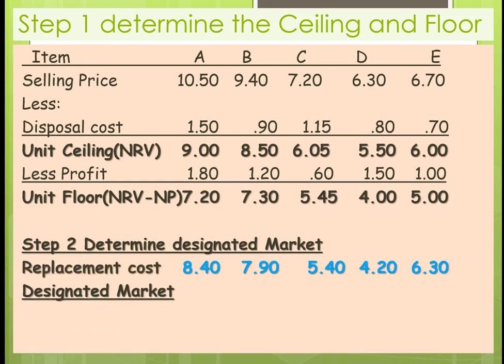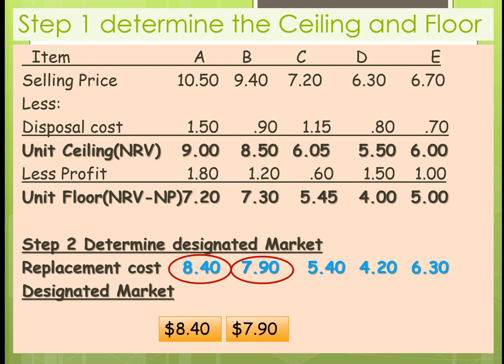So for A, I know that the 840 falls within the range of the $9 and $720, so that's the number I'm going to use to compare to cost. The next one, the $790, also falls within the range. So I would use the $790. Now the $540 is below the floor of $545, so we have to use the $545.